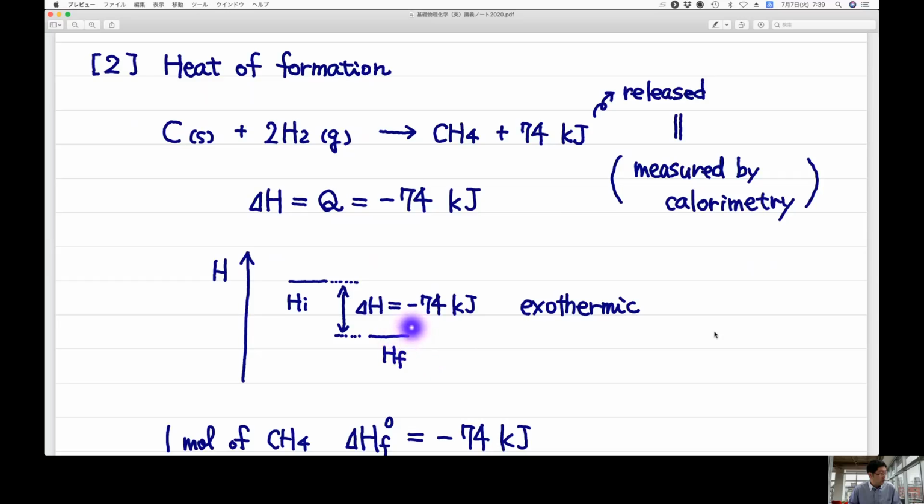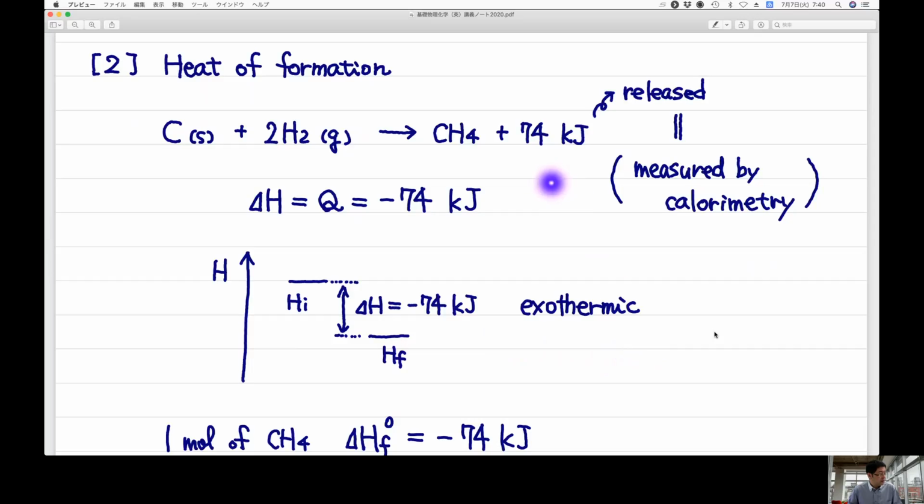Then we observe the heat formation of 74 kilojoules. So we need to add minus. This minus means the final state is lower than the initial state. Okay, and in this case, if you see the heat released, we say this reaction is an exothermic reaction.